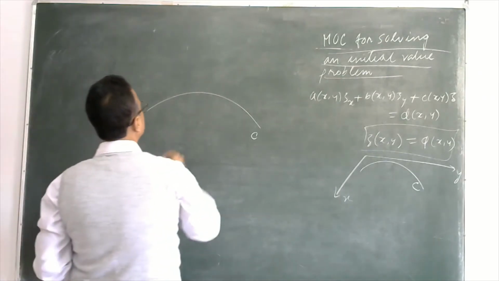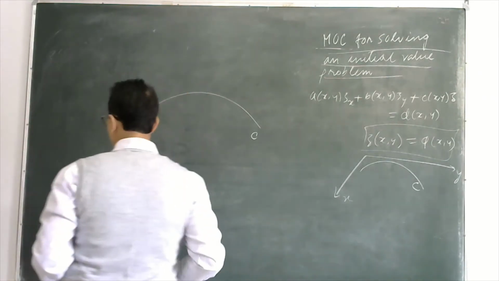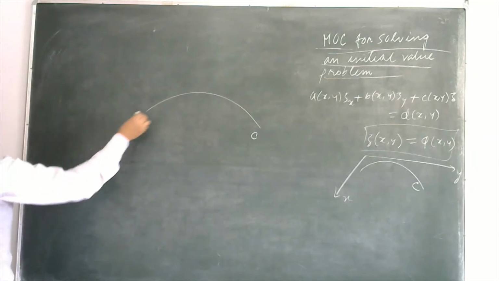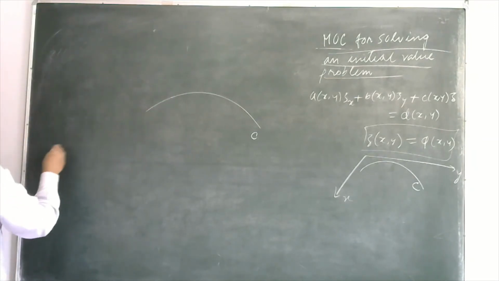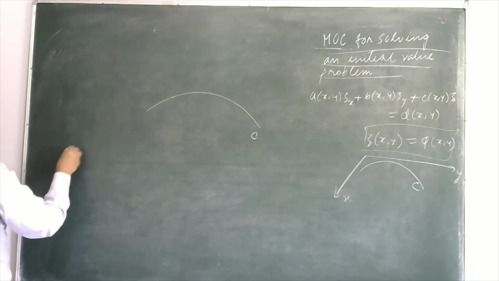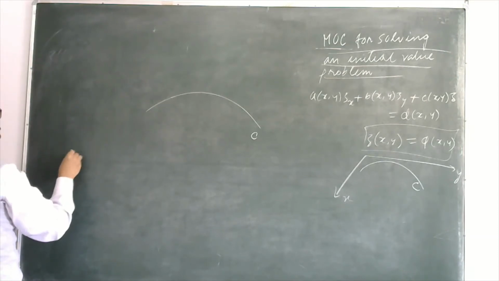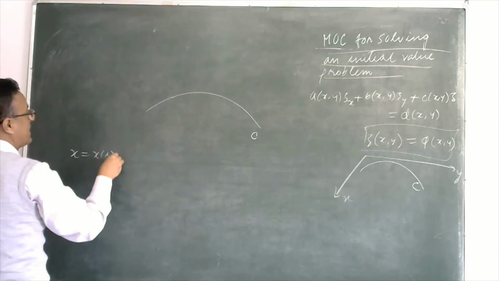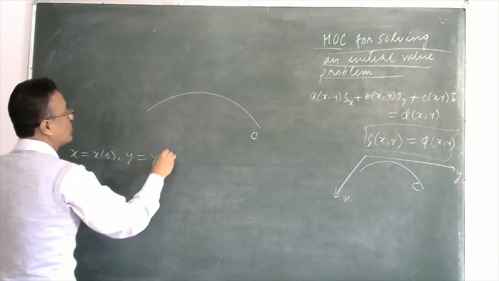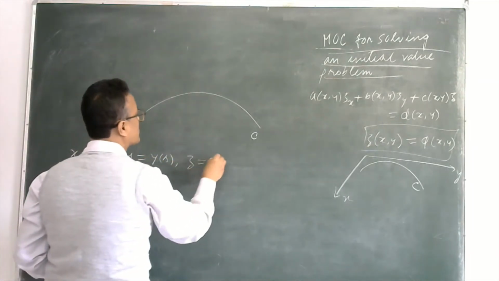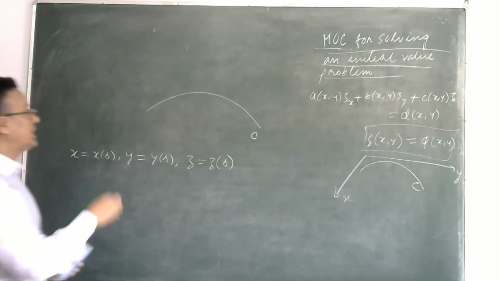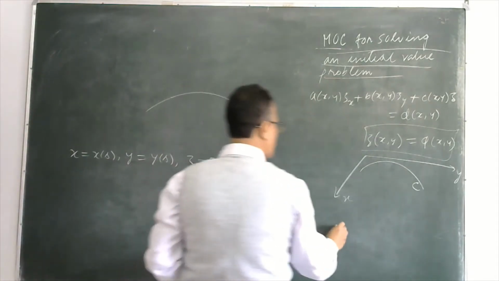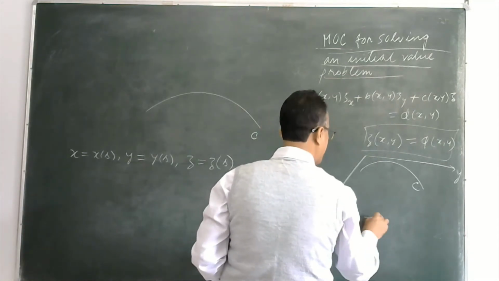So now, suppose I parameterize this initial curve through some parameter, say s. So x equal to x(s), y equal to y(s), and z equal to, say, z(s).